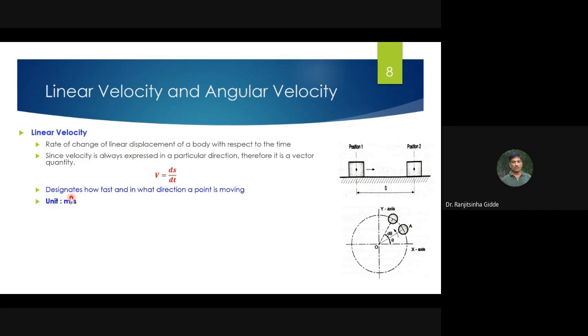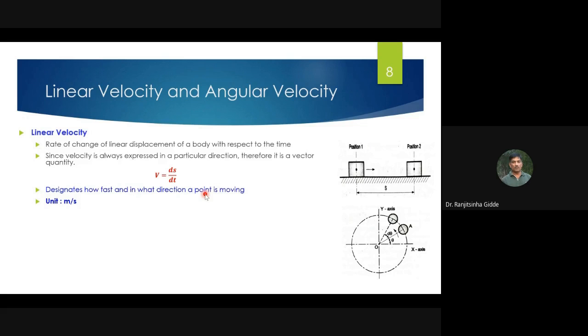You can write, it designates or specifies how fast and in what direction a point is moving. How fast and in what direction a point is moving.